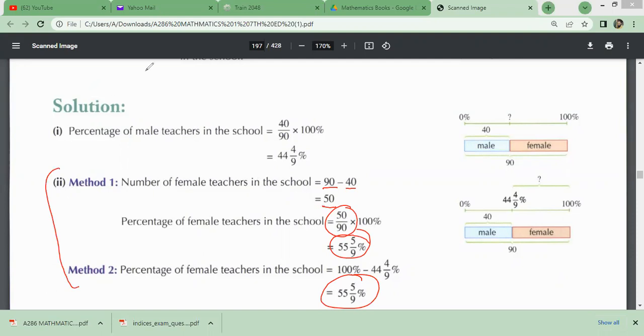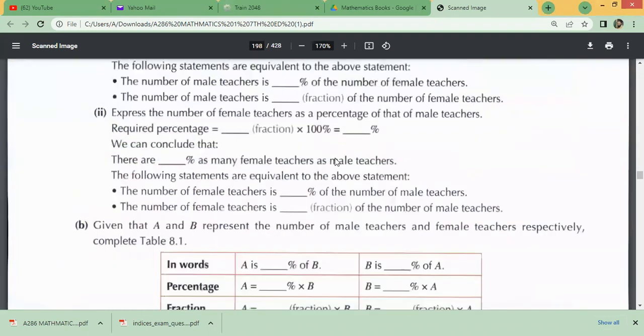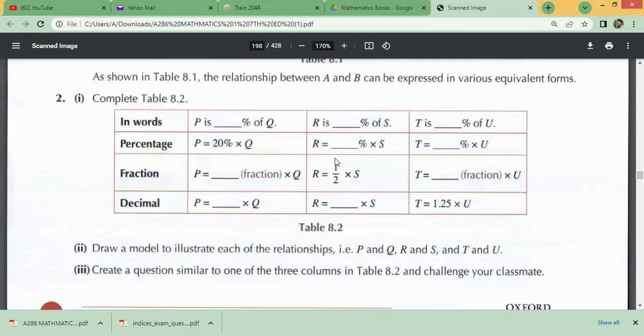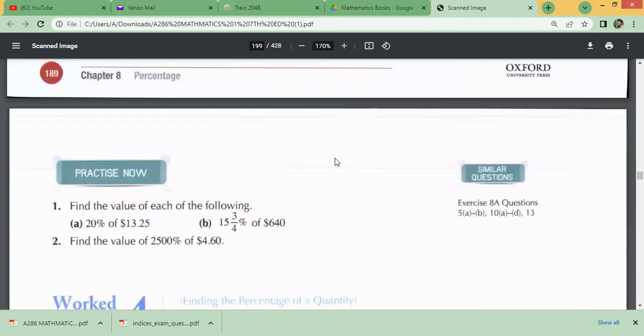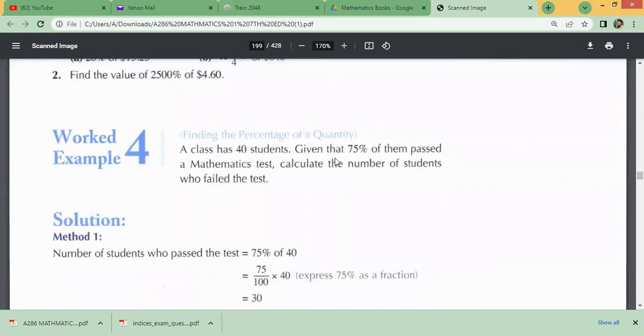Okay, the next part that we discussed was finding the percentage of a quantity.